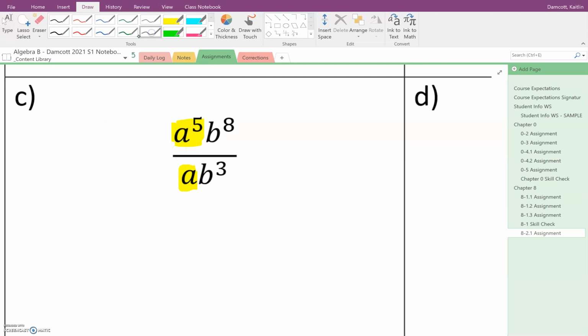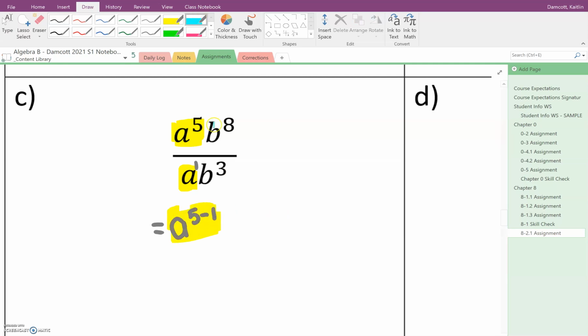And with this, I'm going to do it in gray because I'm thinking, I know that I want to keep my base the same and then subtract my exponents because we're dividing powers. So we've got 5, and I want to subtract whatever the exponent is on this. Now the exponent isn't written, but we need to remember that if there's nothing written, it's a phantom 1. So we're thinking a to the 5 minus 1. This is all coming from those a's.